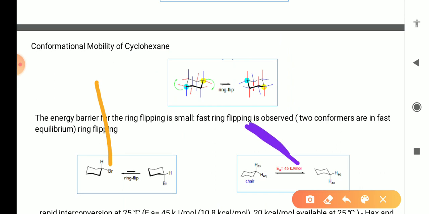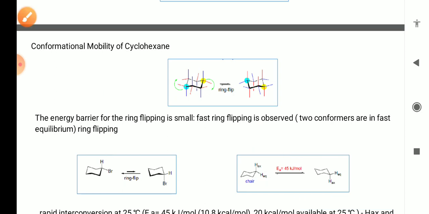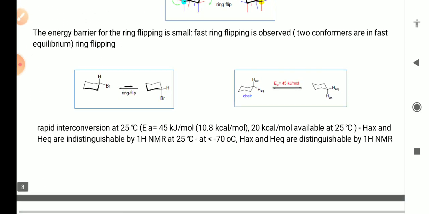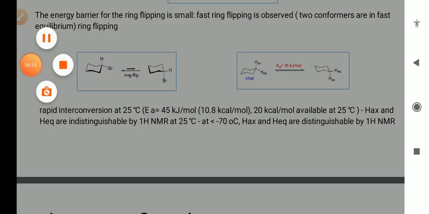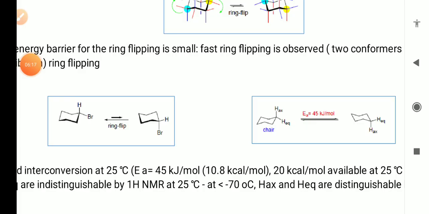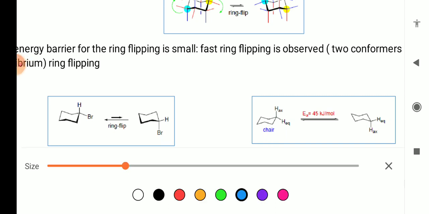45 kilojoule per mole of energy is required for the conformation mobility of cyclohexane, interconversion at 25 degrees centigrade. Now let me see how much energy is required. This is the axial, this is the equatorial. It is a chair conformation of the cyclohexane molecule.